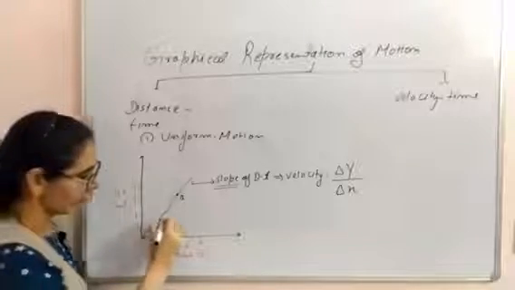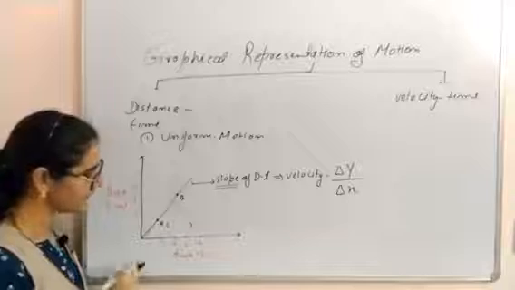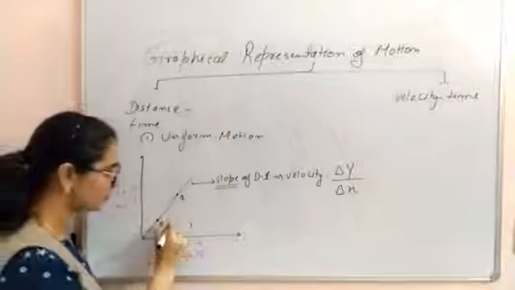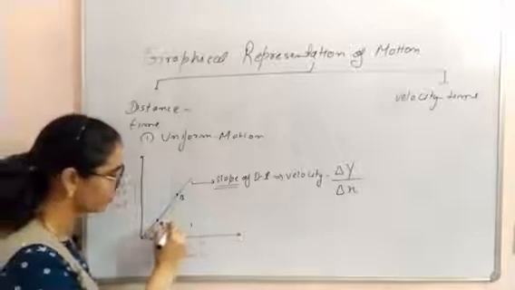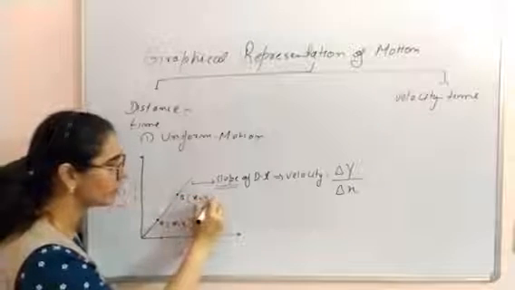A is representing the first coordinate, that is x1 and y1. B is giving you x2 and y2.